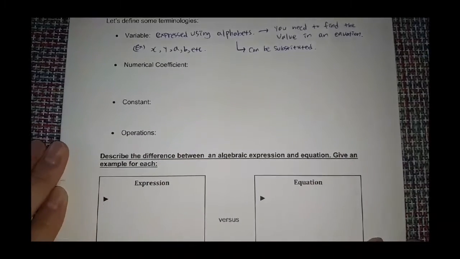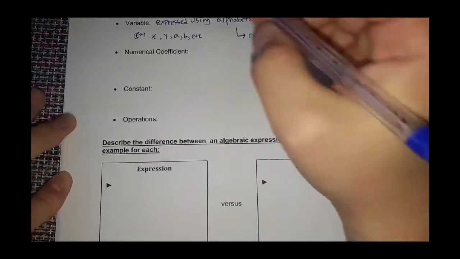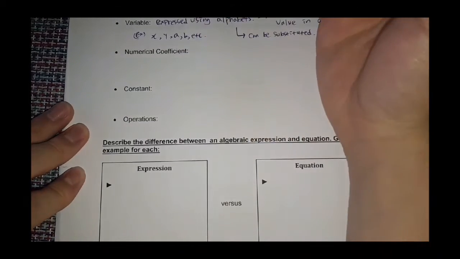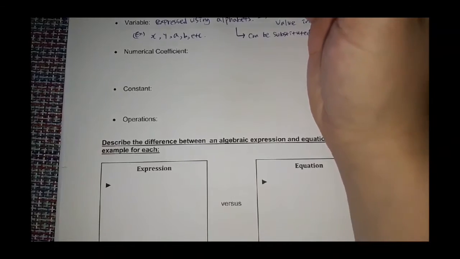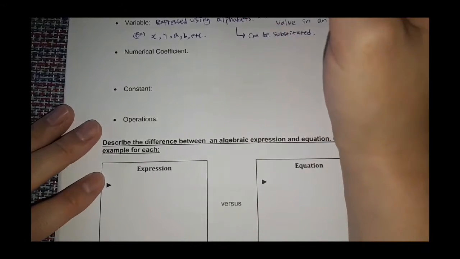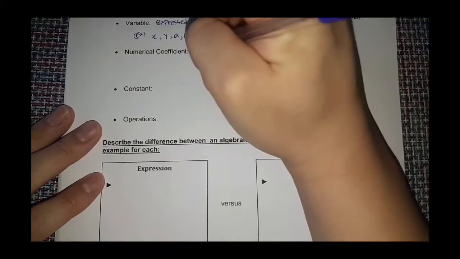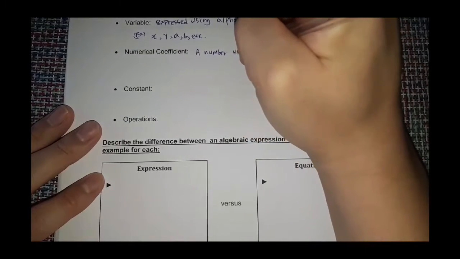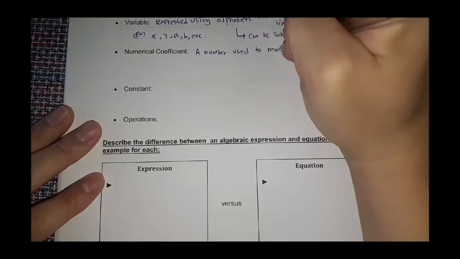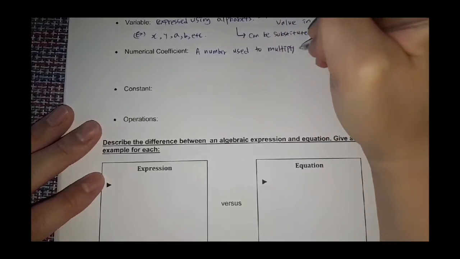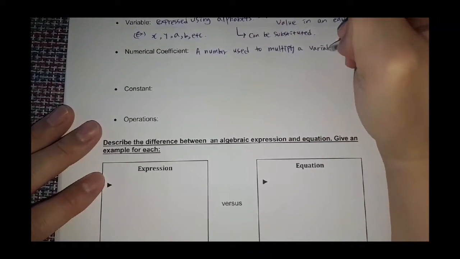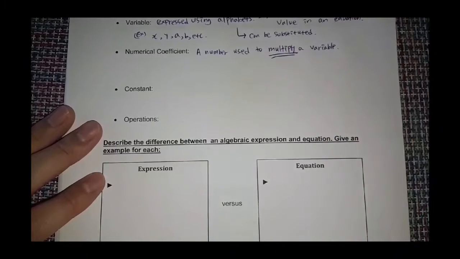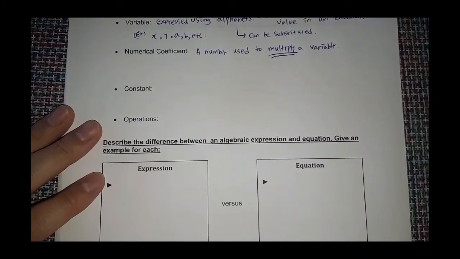Numerical coefficient. This is generally notated by an integer, so a countable number from negative to positive. It refers to a number used to multiply a variable. And obviously multiplication is such an important part.